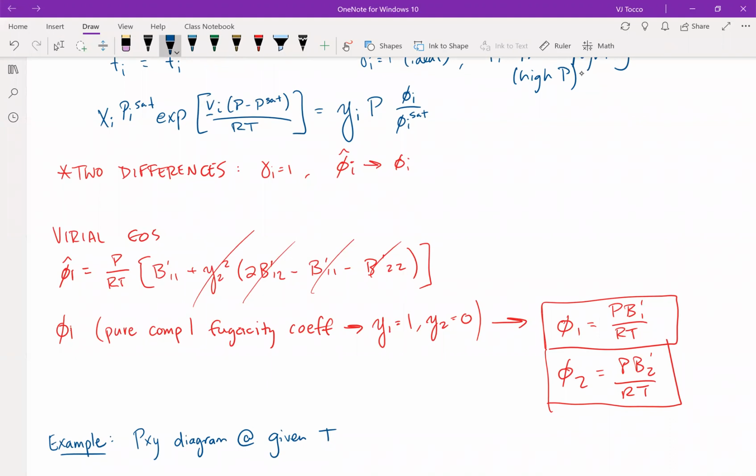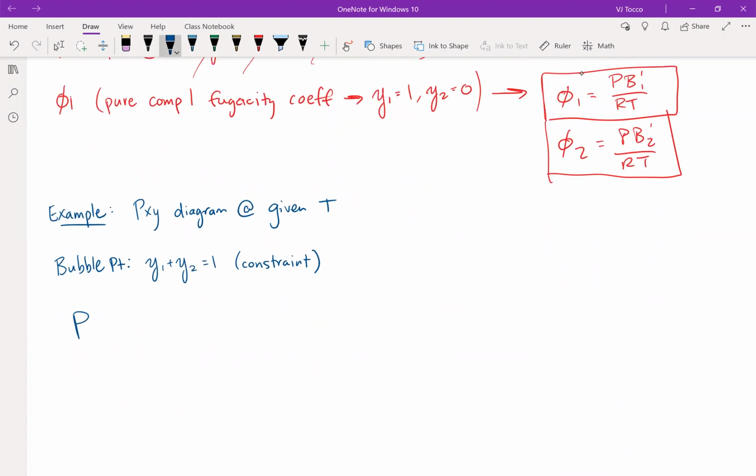So in this equation, if I solve for y1 and add these all together, I can come up with the following. I could say that P is x1 P1 set over phi1 divided by phi1 set.